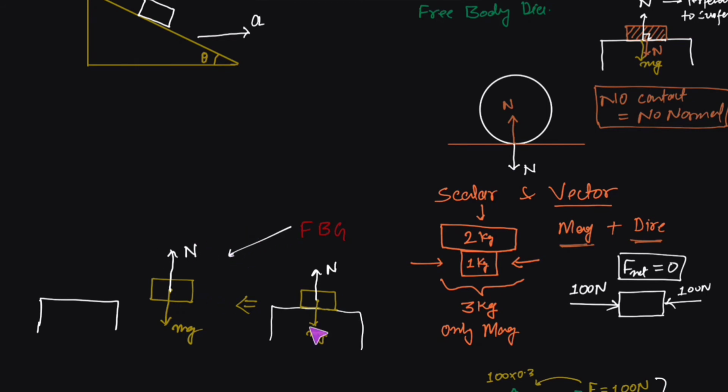Now the table. In the table, the book is applying a normal force N, because of action and reaction, Newton's third law of motion. If the table applies a reaction of normal force N, the book would also apply the same normal force N on the table. So this is the only force on the table applied by the book. Of course there would also be the weight of the table, capital Mg, capital M being the mass.